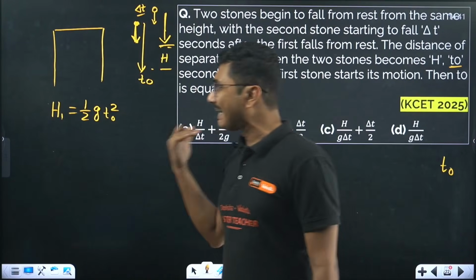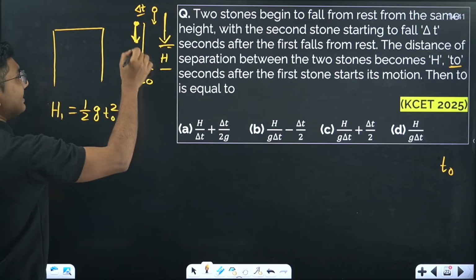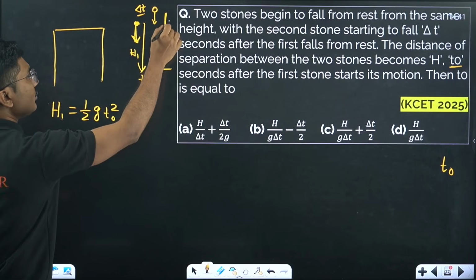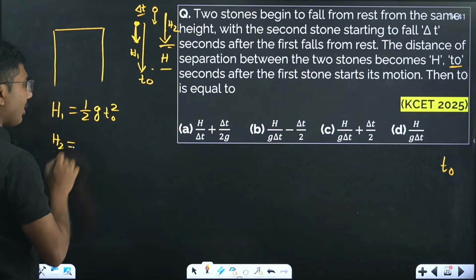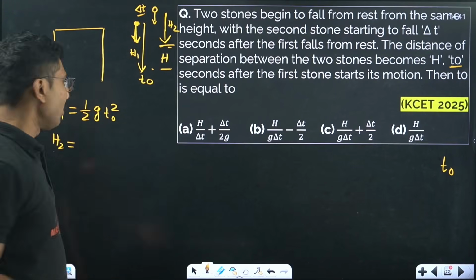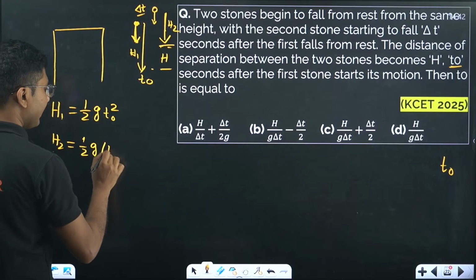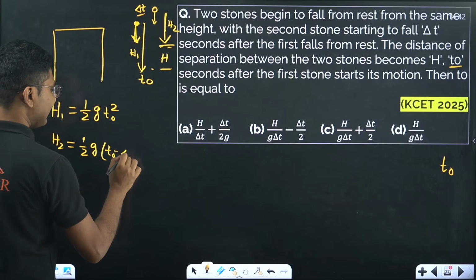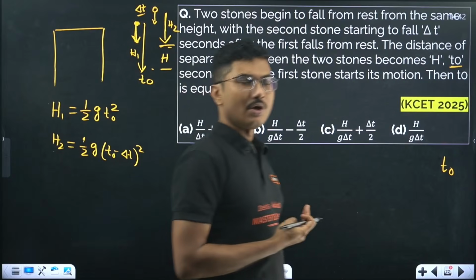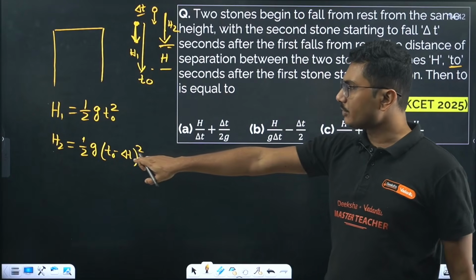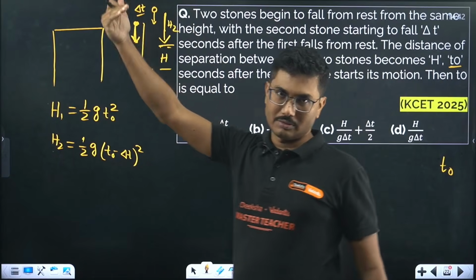Now what about the second stone? Say this height is H1, this height is H2. The second stone actually started to fall after Δt seconds, so the same formula applies, only here it will be (t naught minus Δt) whole square. Why? Because the second stone started Δt seconds after the first stone.